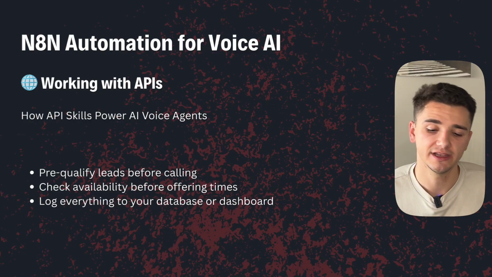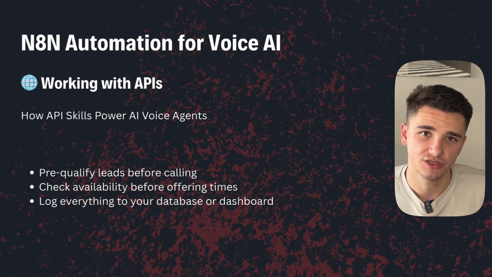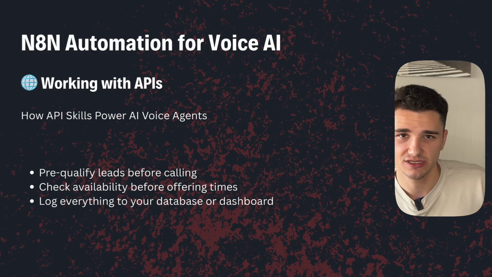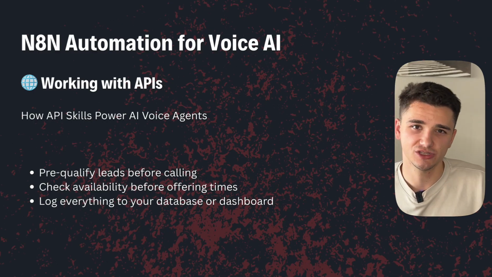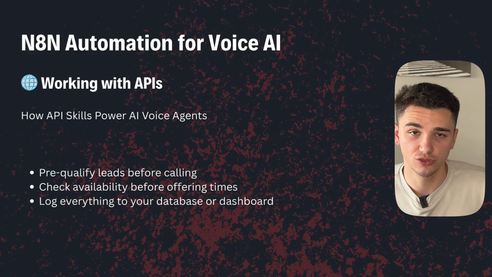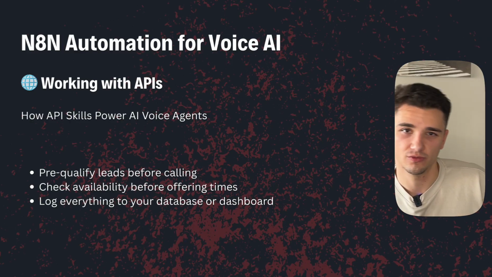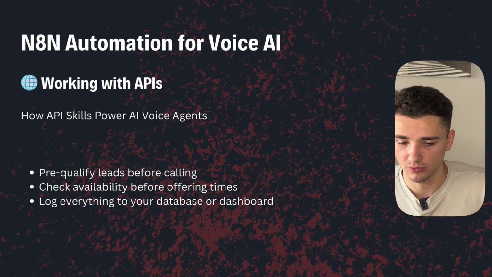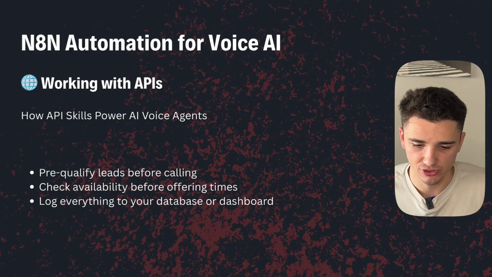So really, a core component here when it comes to building voice AI based automations and turning those agents into powerful and useful tools for businesses or yourself. So again, another big one here. So we'll lock in now and jump straight into it.